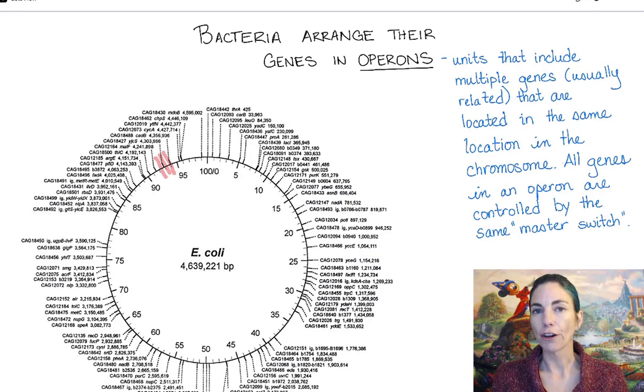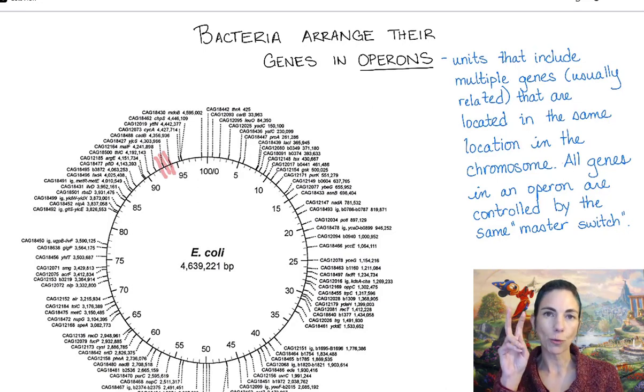And moreover, all of those genes are going to be controlled by one master switch, and that master switch is known as an operator. The collection of genes in tandem that all go to some outcome and their single control that precedes them are collectively known as an operon. Let's take a closer look.